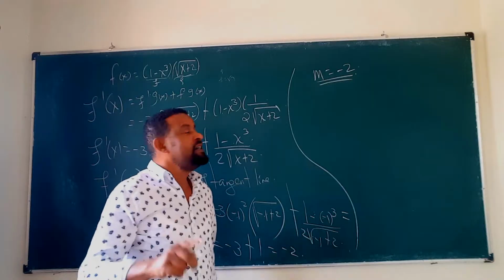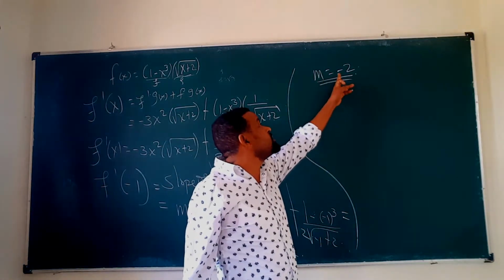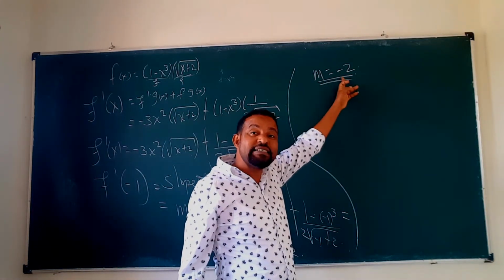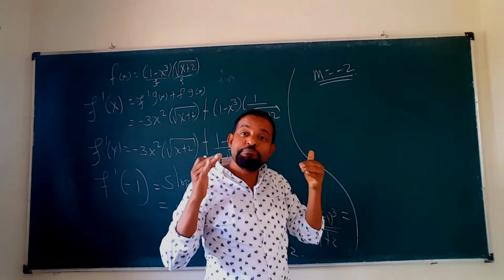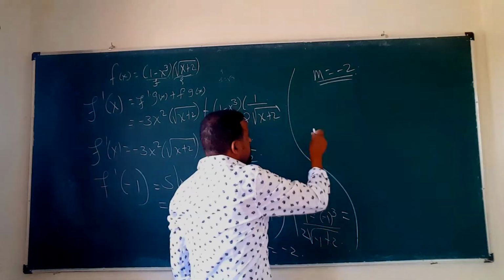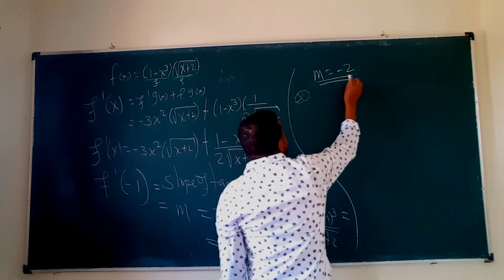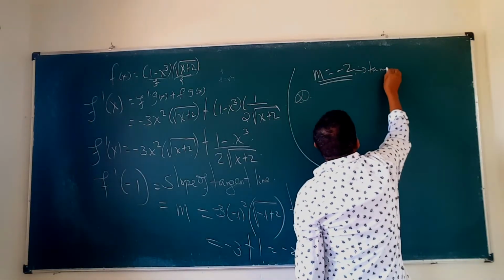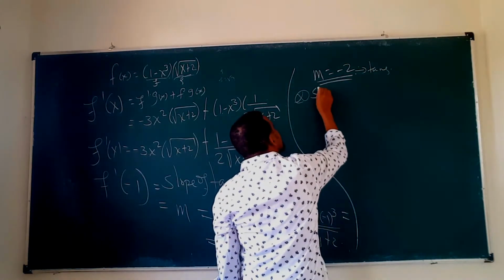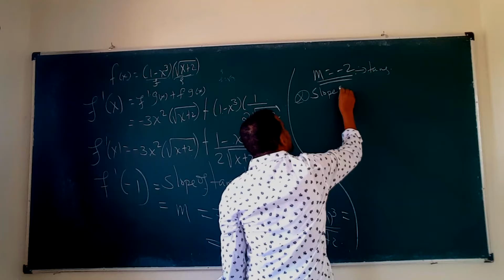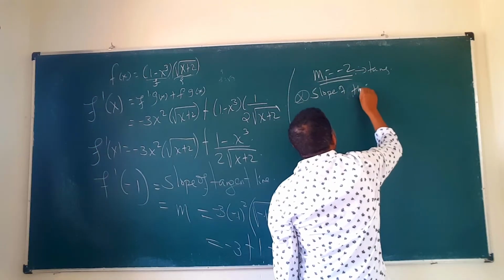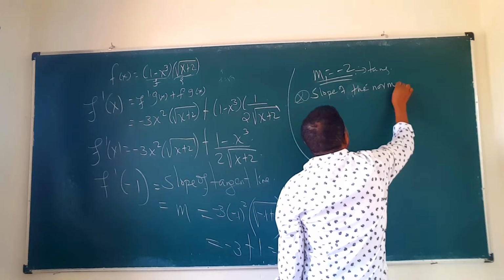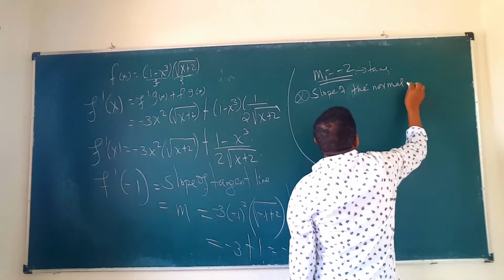Notice here that the slope of the tangent line is negative 2. What is the slope of the perpendicular line? Look, this is the slope of the tangent line. The slope of the perpendicular line, the slope of the normal line; normal means perpendicular. What is the slope of the normal line?